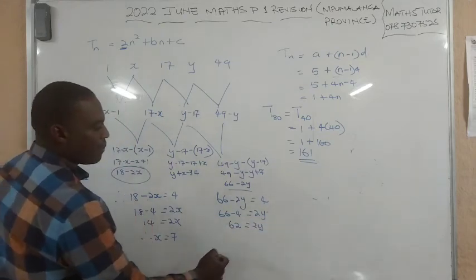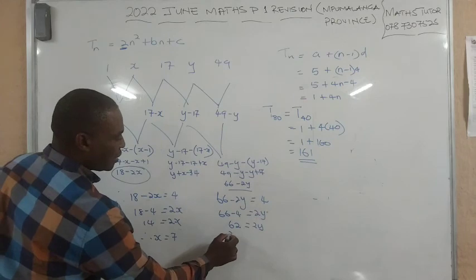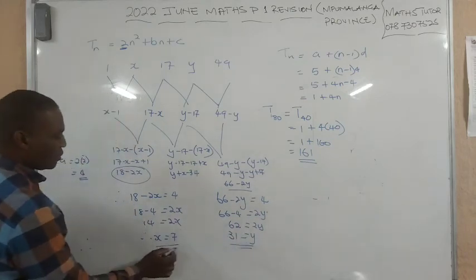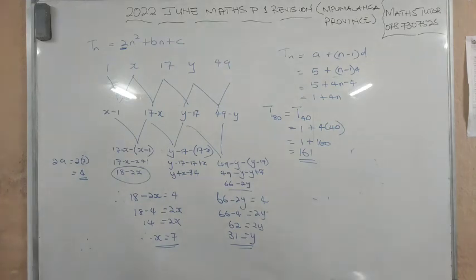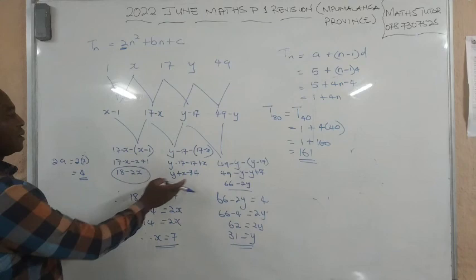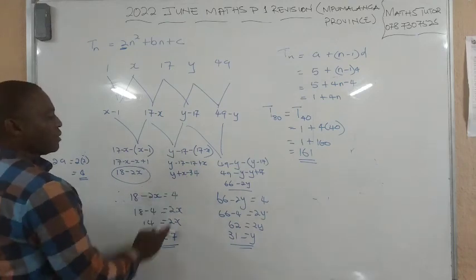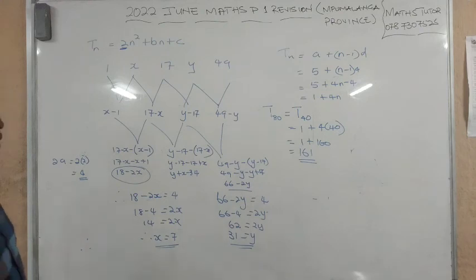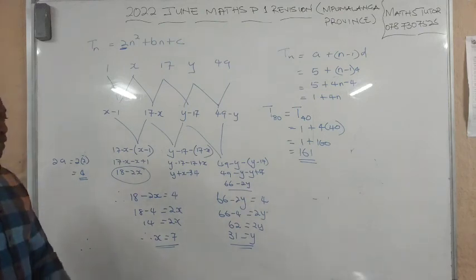Dividing by 2, that is 31 is equal to y. So this is how we can solve. Of course, there will be other methods. We can equate this and this, and then we solve simultaneously. But at times you need methods that are quick to get to the solution.